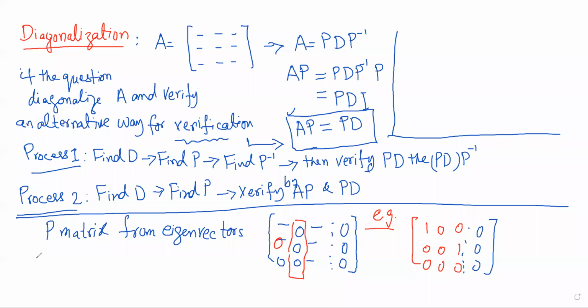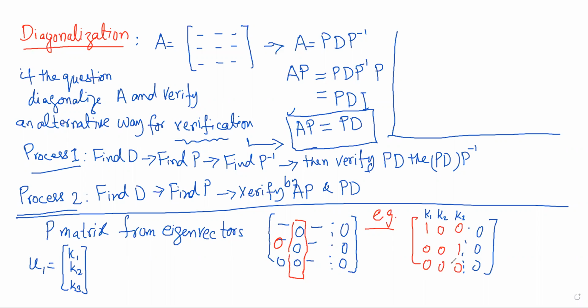If your eigenvector is, say, U1, which will have 3 components, maybe K1, K2, K3, then these 3 columns 1, 2, 3 correspond to K1, K2, and K3.